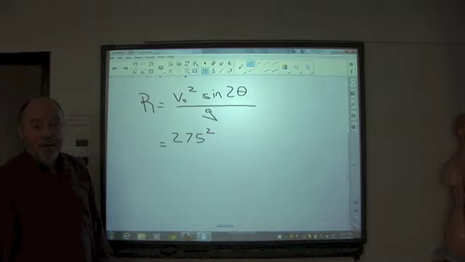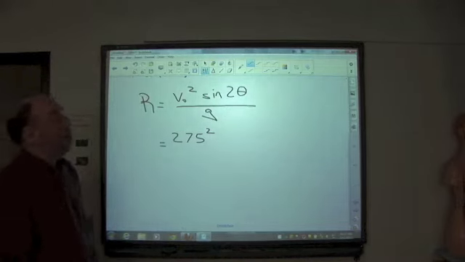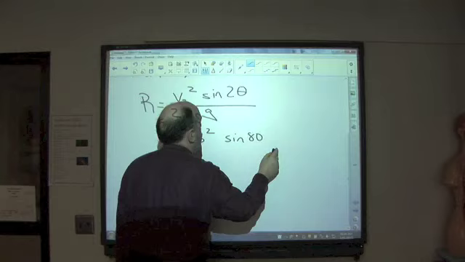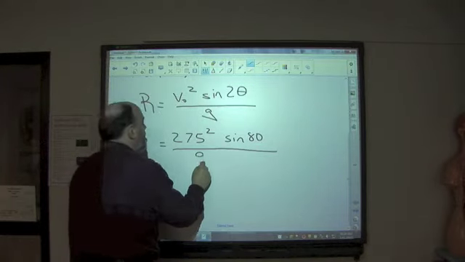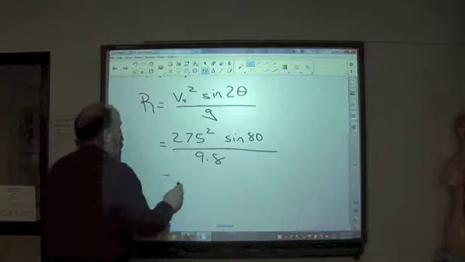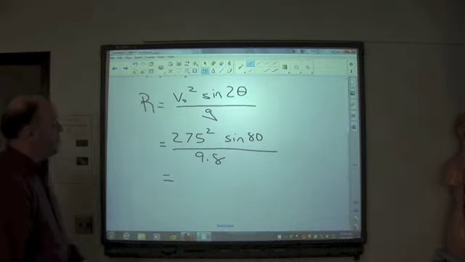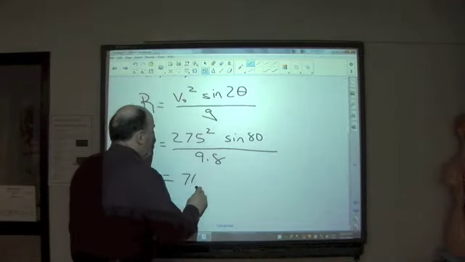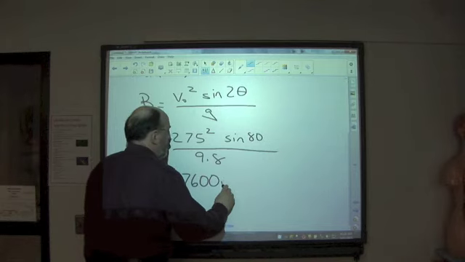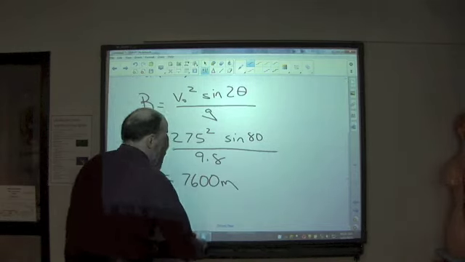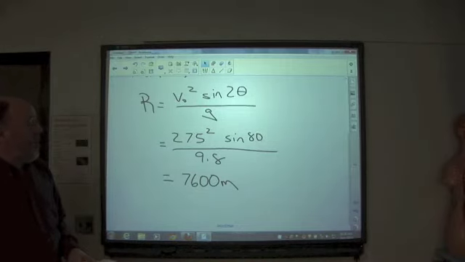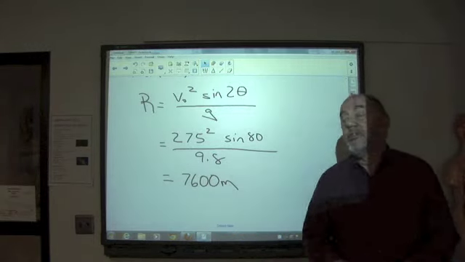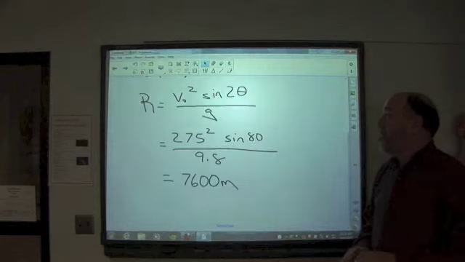Theta was 40, so 2 times 40 gives me 80, so this becomes the sine of 80, divided by g, which is 9.8. You plug all that in, and this will come out to be basically 7,600 meters. So we know that it will hit 7,600 meters downrange. And so we got the range of our projectile.